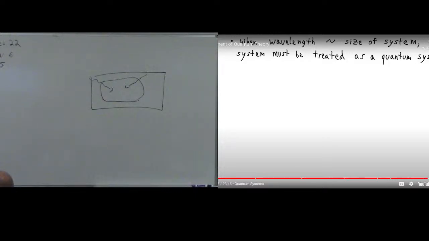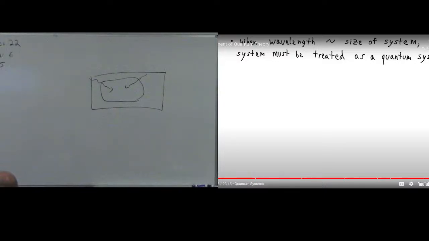On the other hand, if the wavelength is extraordinarily small compared to the size of the system, then you can probably skate by doing classical mechanics. For example, if you were to calculate your own de Broglie wavelength, you would find that it was fantastically small, and you would never be able to construct a double slit experiment in which you would actually be able to fit through the slits, which were constructed to be the same size as the de Broglie wavelength.